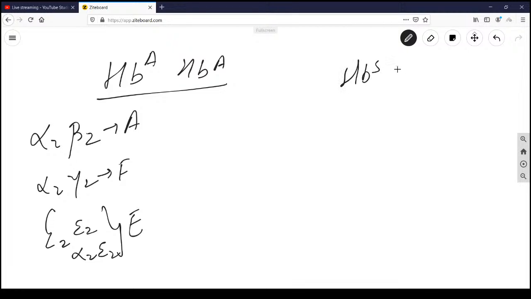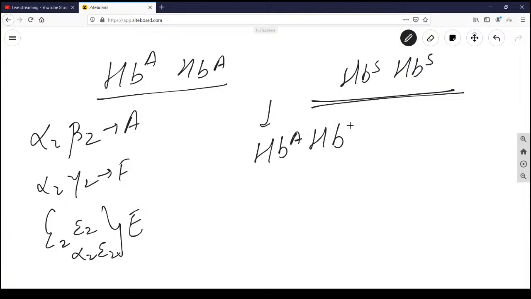If you are completely down with sickle cell anemia, you will be having HbS. The sixth position of the beta chain will be replaced by valine, which was earlier glutamic acid. But you can have the genotype HbA, HbS also.